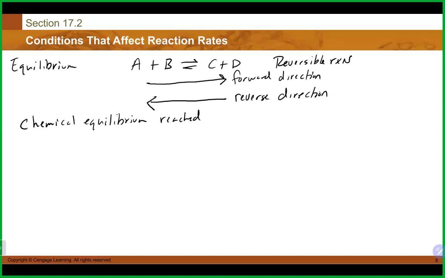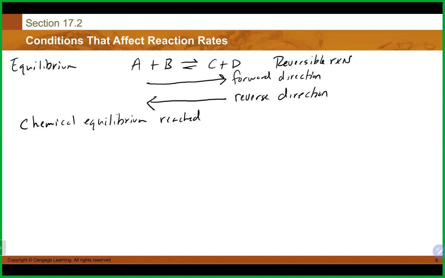Now, people have a very much misunderstanding about the word equilibrium here, and it's probably because the word sounds like equal. So when they hear equilibrium, most people think, oh, that must mean we have the same amount of things on both sides of the arrow. And that's really not the case. When something reaches chemical equilibrium, we're actually talking about the rate, like we were just talking about a second ago.